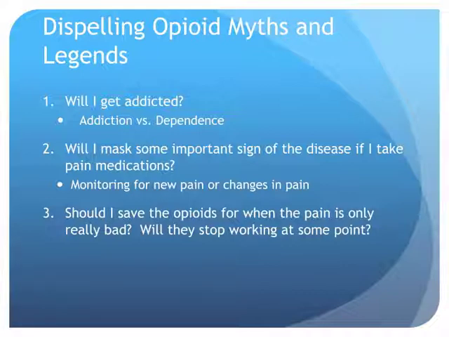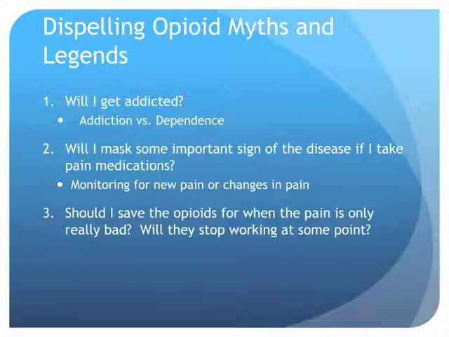The next question I wanted to address was whether treating pain and controlling it with medication will mask some sign of a change in the cancer. And this is a concern that I've also not seen occur, where something gets masked and missed due to the treatment of pain.